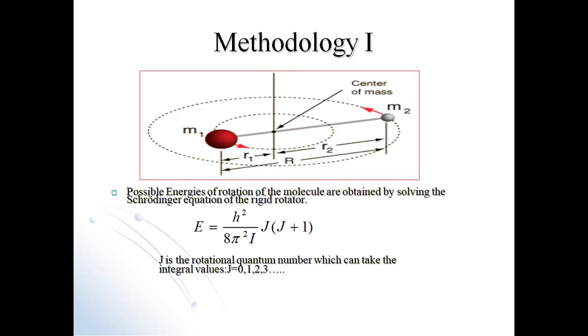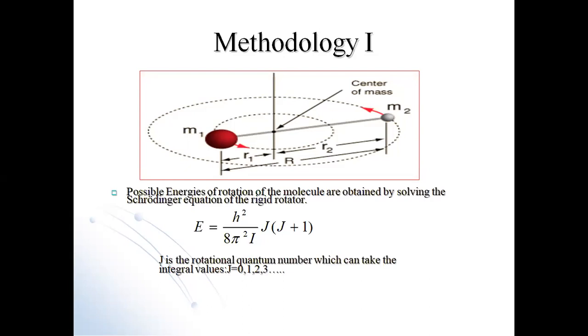Those who do not know programming, please prepare an Excel sheet and obtain the required rotational energy levels, as well as several parameters which we will discuss today. The first thing is to calculate the rotational energy levels and show that they are not equally spaced.